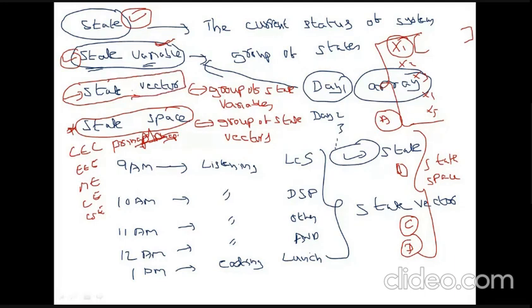Now there is a state vector, some v1. This v1 is related to ECE. If this v1 is related to ECE, then what is the ECE HOD's capacity to control? He can manage only ECE students and ECE faculty. And v2 vector, let it be EEE.